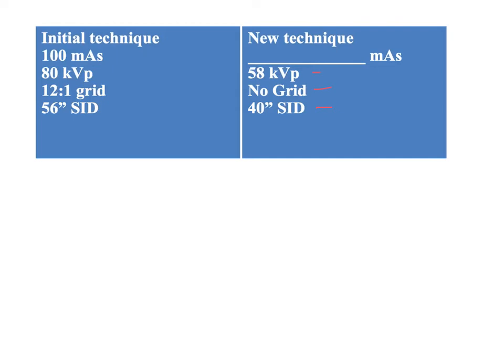So the first thing I'm going to do is figure out exactly how much the kVp has decreased, right? It's more than 15%. I'm just plugging in numbers now, in all honesty.